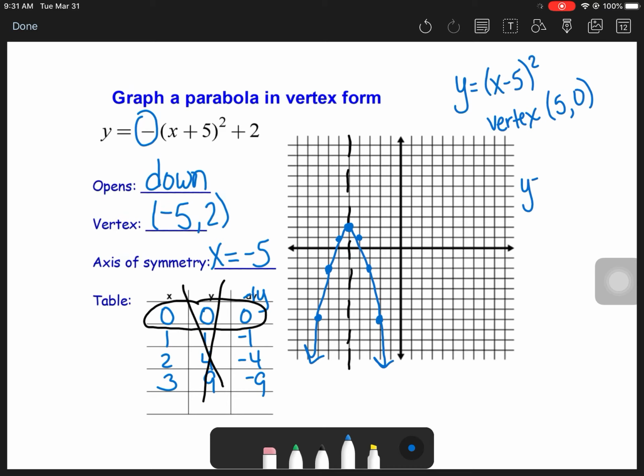Or if we had an equation that said y equals 2x squared plus 3, our vertex would be at 0, 3, because there is not an h value inside the parentheses attached to the x. That is graphing a parabola in vertex form.